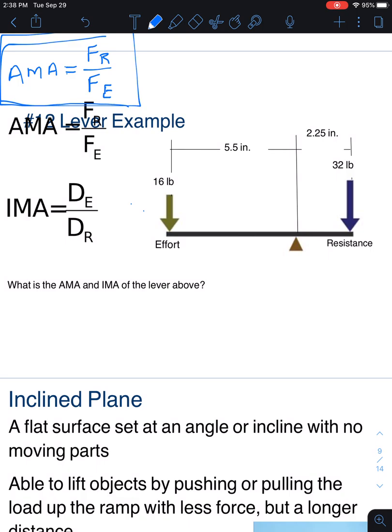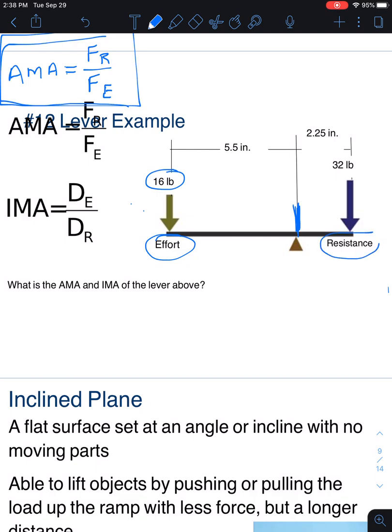So in this case, remember with the lever, we're always measuring from the fulcrum, and right here in the middle is your fulcrum, or the pivot point. Here you're measuring your effort, how much force it takes to move this down.